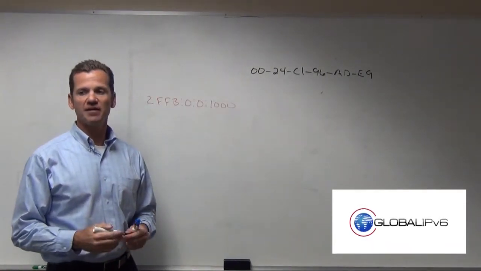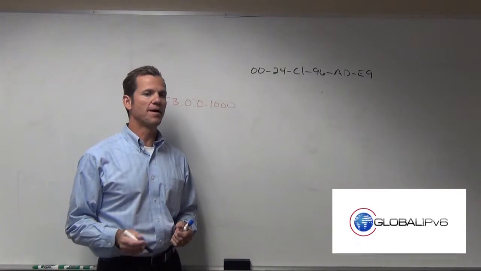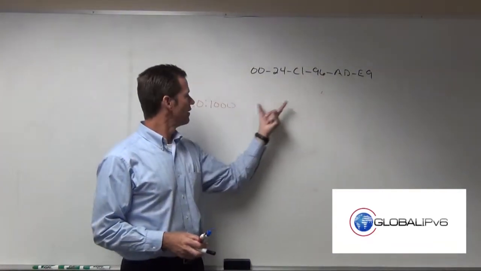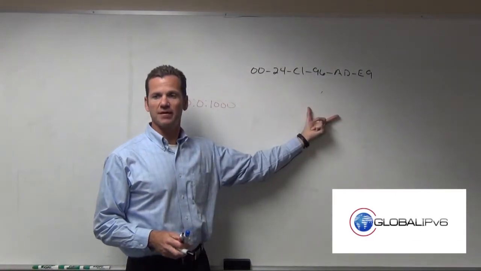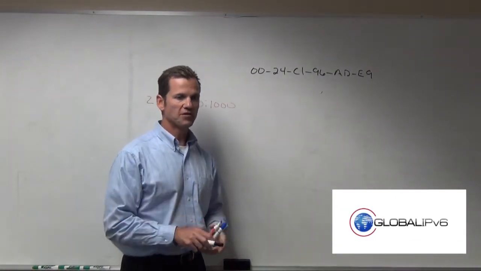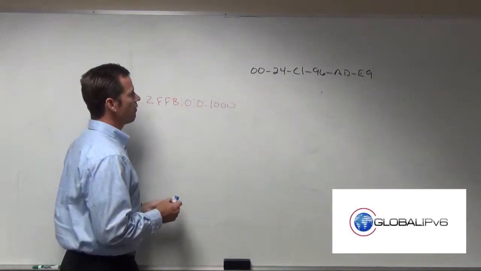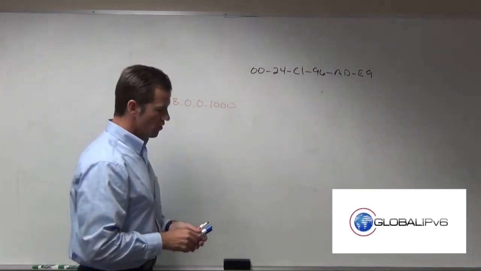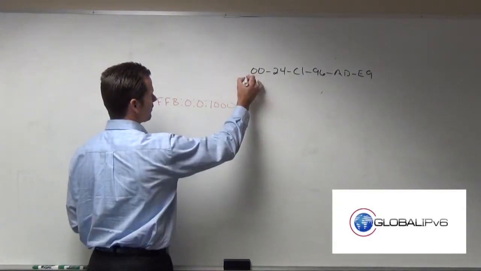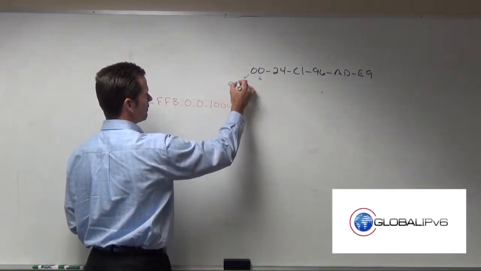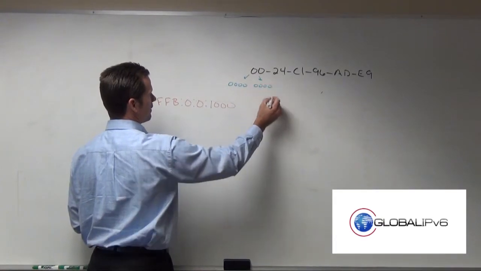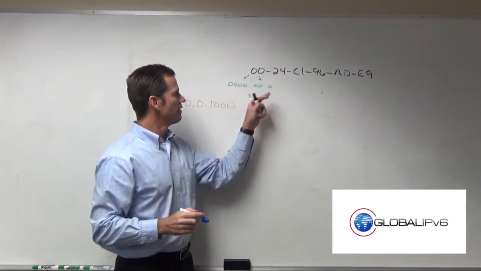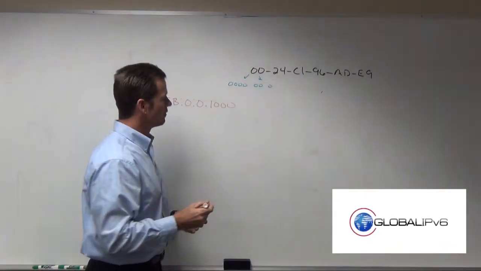I just made up some MAC address. If I use the EUI-64 method, that means I can allow the host to take its MAC address and finish out the address on the end. By default, since this MAC address came off of the Ethernet card, the host is going to take the first 8 bits and change the second to the least significant bit from a 0 to a 1.